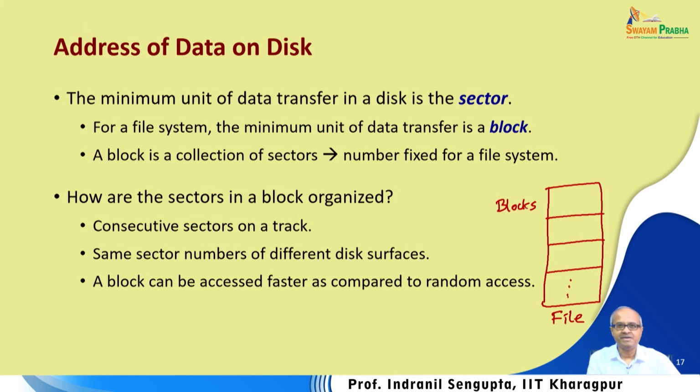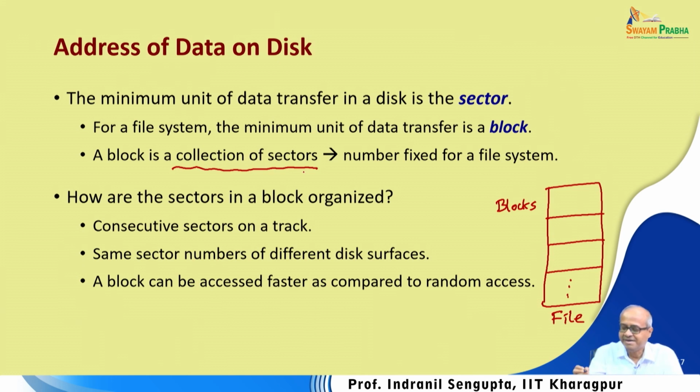A block is typically a collection of sectors. Let us say 4 sectors, 16 sectors, 32 sectors, that constitutes a block. So, in a file system, when you do a read or write, you do it block wise, not sector wise. Sector wise is a low level input output mechanism for the disk, but with respect to a file system, you are thinking about blocks.